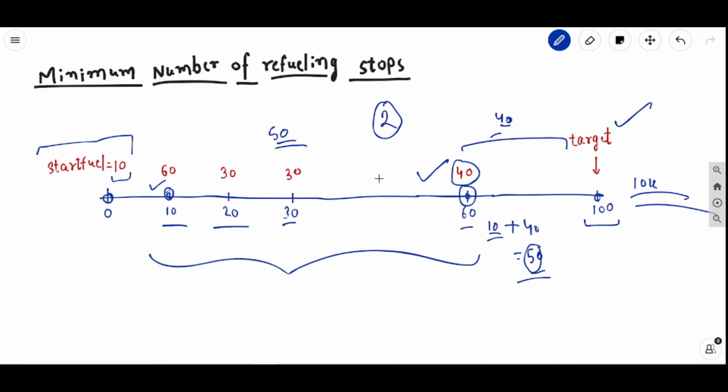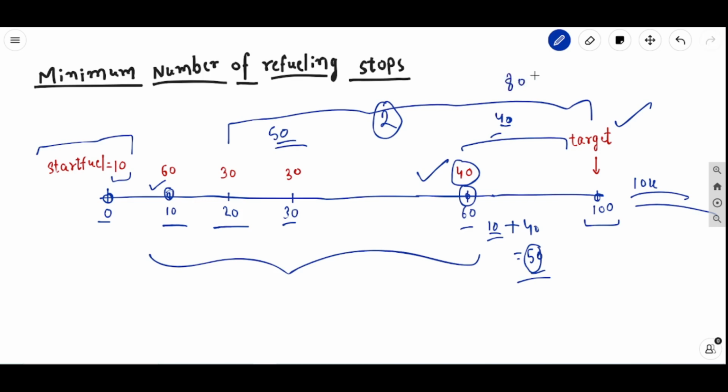Although there are other ways, like I can start from position number 0, reach position number 10, refill the tank, then reach position number 20, and at position number 20 again fill the tank. Now here at position number 20 I will have 80 units of fuel, while the remaining distance from 20 to 100 is also 80 units.